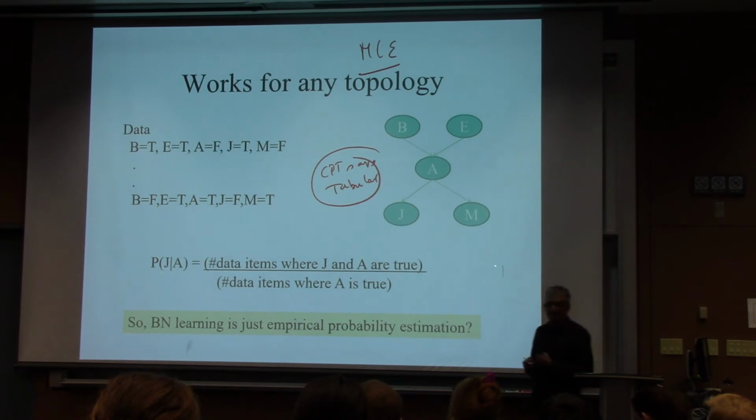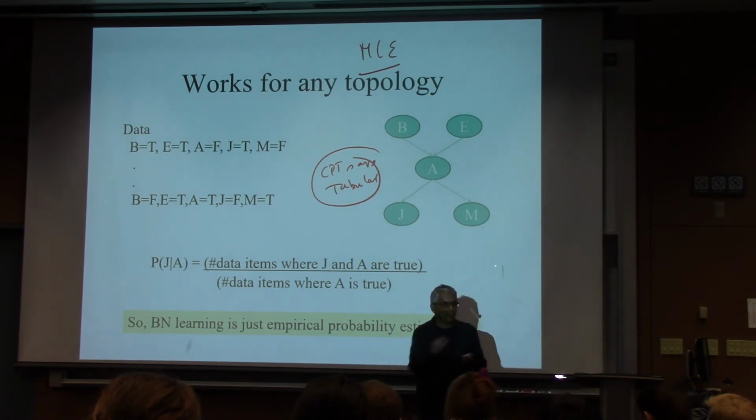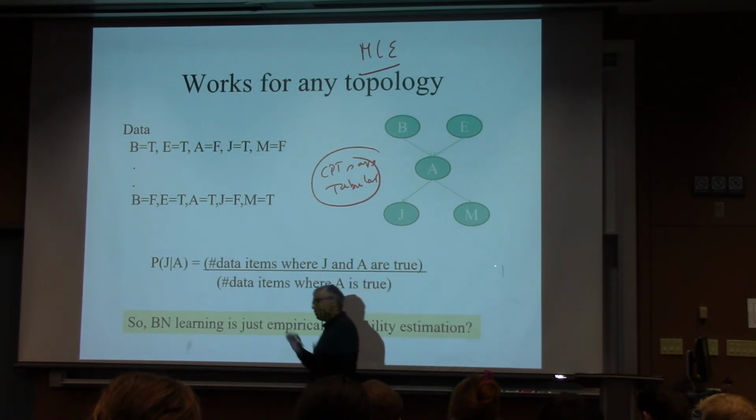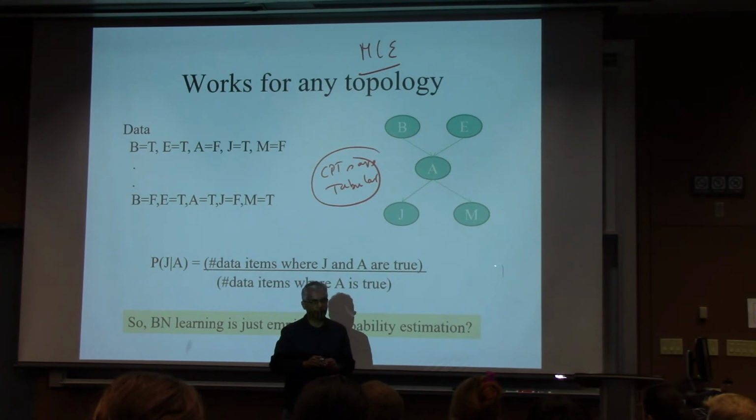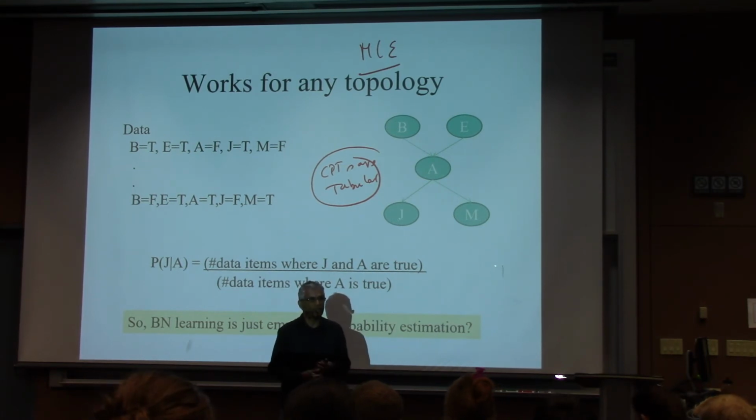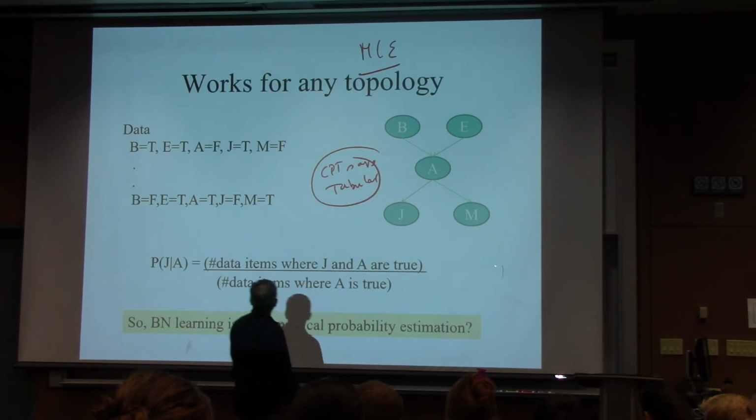CPT means conditional probability table, so you're actually writing each table. The moment you start having parameterized CPTs, things will start getting connected, and that's a harder problem. But even if you make the network extremely crazy, as long as all the CPTs are tabular, you will be able to answer any arbitrary question.